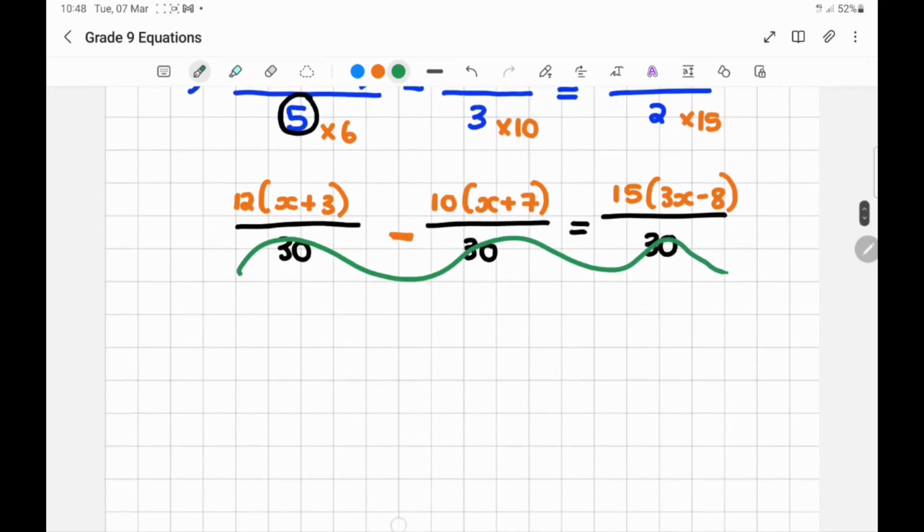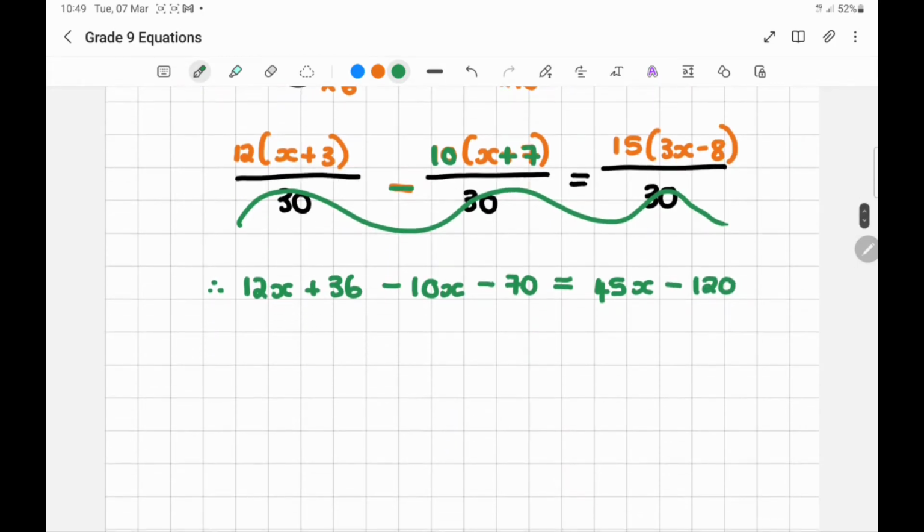And then what is left? If you distribute, 12x plus 36 minus 10x, and a negative times a negative 10 times a positive 7 gives you a negative 70. And 15 times 3x is 45x minus, and then 15 times 8 is 120.